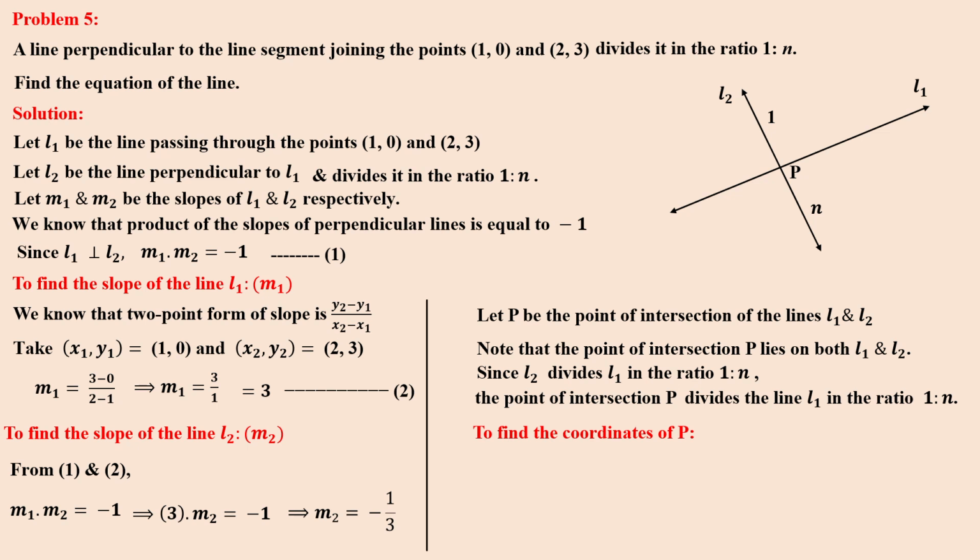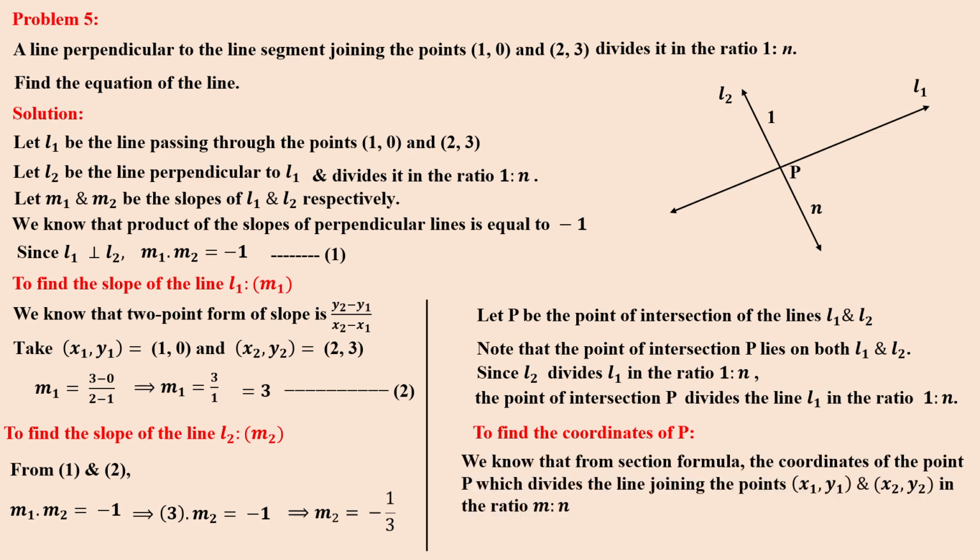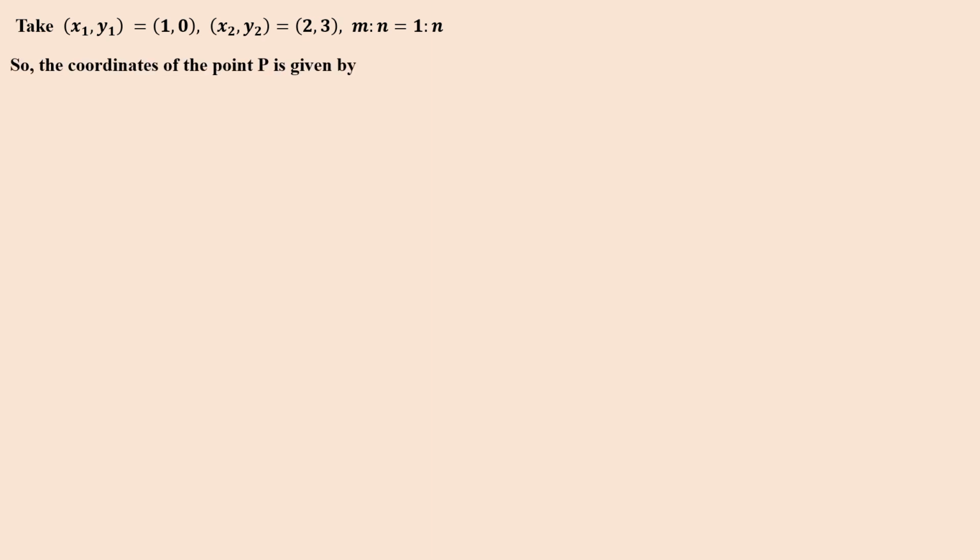To find the coordinates of P, we know the section formula. If P divides the line joining the points (x1, y1) and (x2, y2) in the ratio m:n, then the coordinates of P are (m x2 plus n x1) by (m plus n), (m y2 plus n y1) by (m plus n). Here (x1, y1) is (1, 0), (x2, y2) is (2, 3), and the ratio is 1:n.